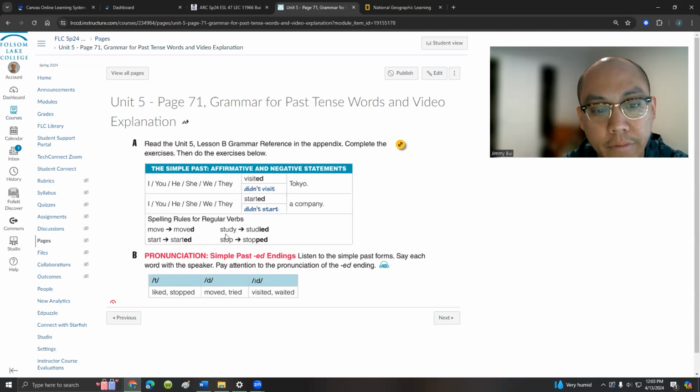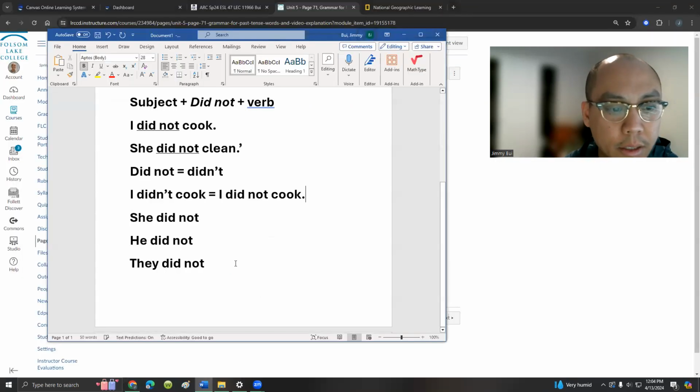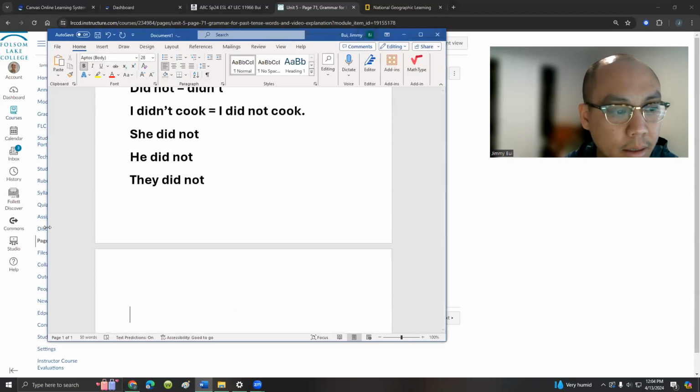In the case a verb ends in the letter Y, remove the Y and add IED. Okay. When you have, usually, not always, but when you have one vowel and one consonant, you double the consonant and add ED. So some examples here, looking at the two side by side.